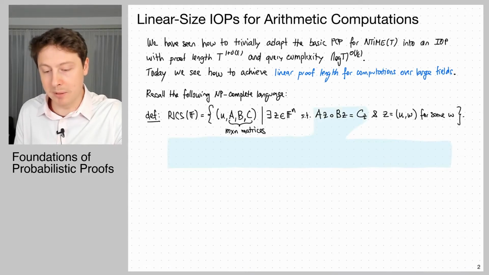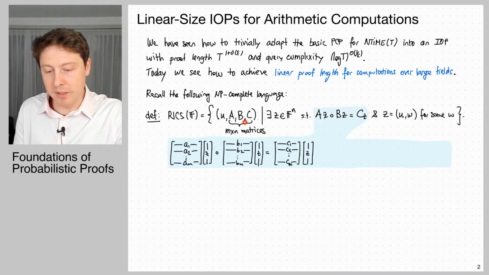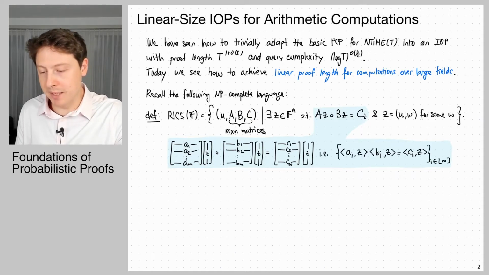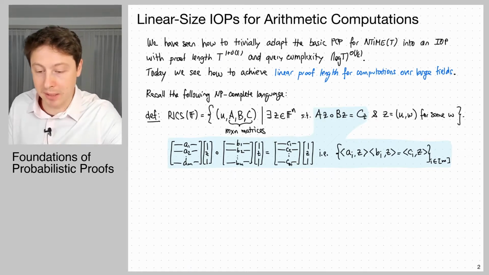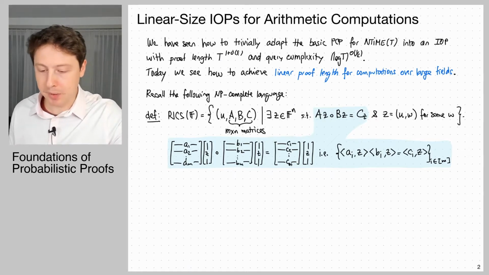If you remember, you have these coefficient matrices which define this system of equations, which is basically a bunch of quadratic equations that look like inner product times inner product equals inner product. So this was rank one constraint satisfaction.